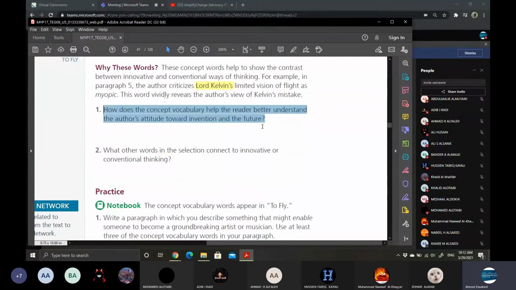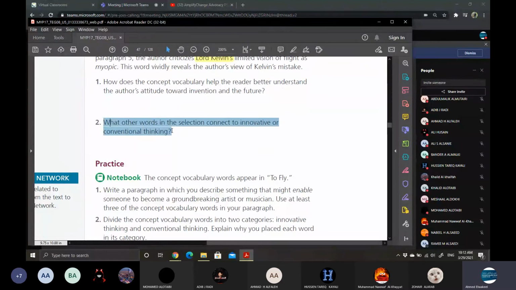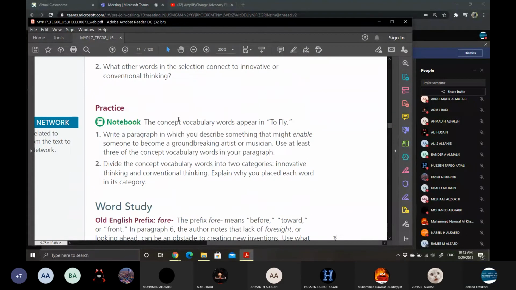This word, of course, vividly reveals the author's view of Kelvin's mistake. So we have some questions to consider. How does the concept vocabulary help the reader better understand the author's attitude toward this invention and the future? And what words in the selection connect to innovative or even conventional thinking? We will consider these in the next session.